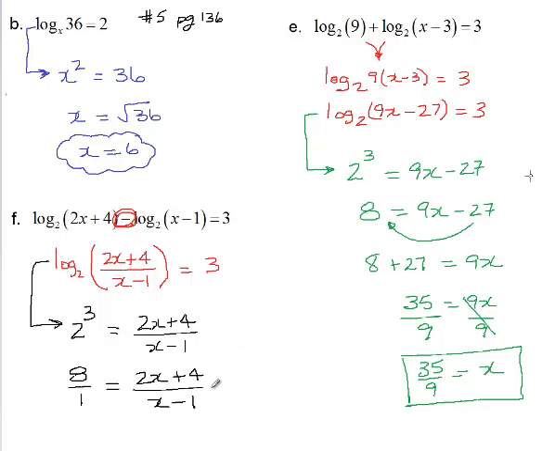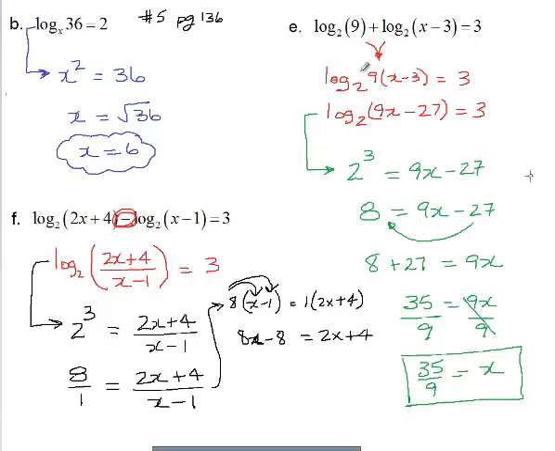We're going to get 8 outside of x minus 1 equals 1 times 2x plus 4. So I get, and the distributive property gives me 8x subtract 8, right? So it's 8 times x equals 2x plus 4.